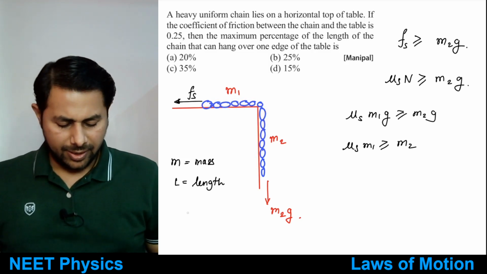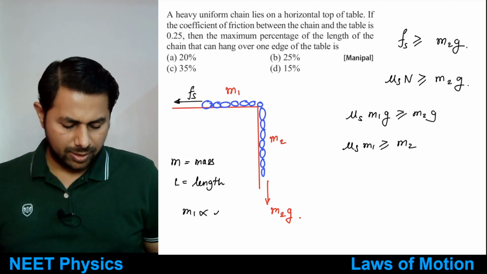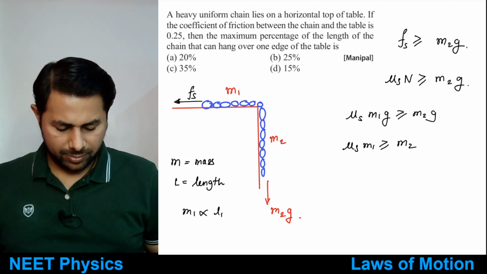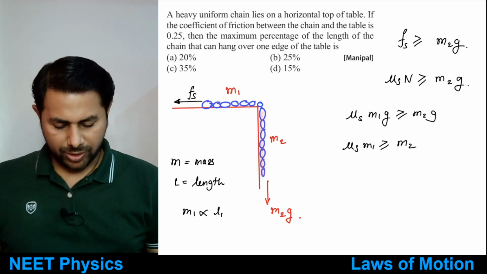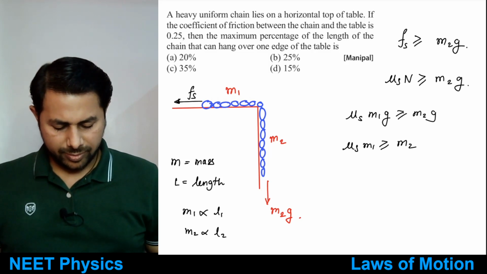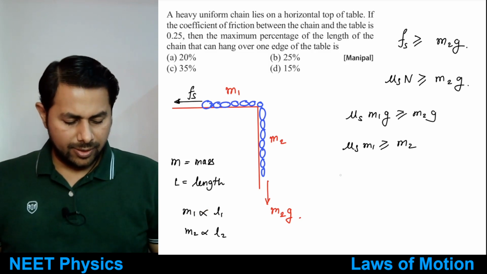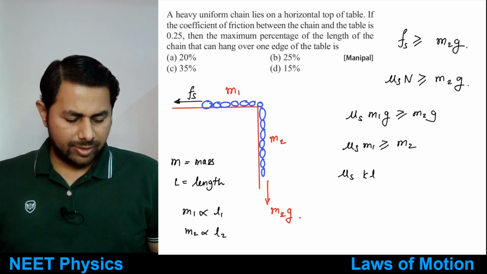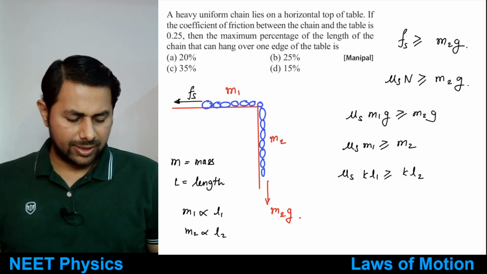So I can say that m1 is directly proportional to L1, this length, and m2 is directly proportional to this length, L2. So you can say m1 is some k times L1, and that's greater than or equal to m2, which is k times L2.